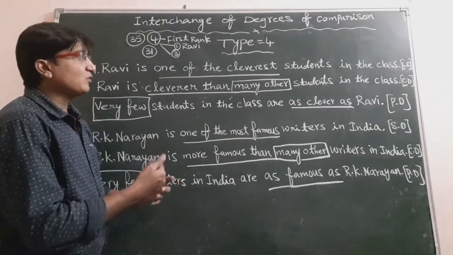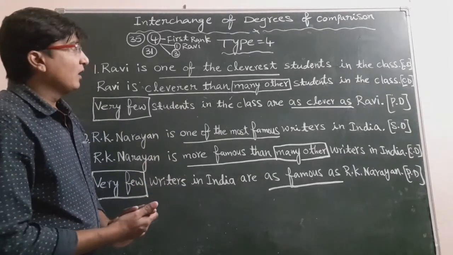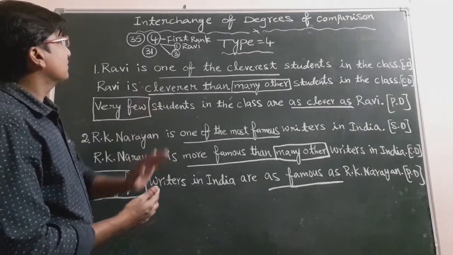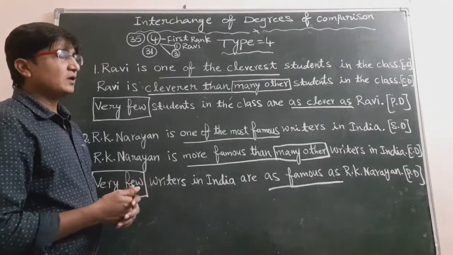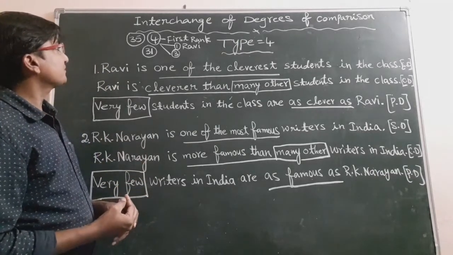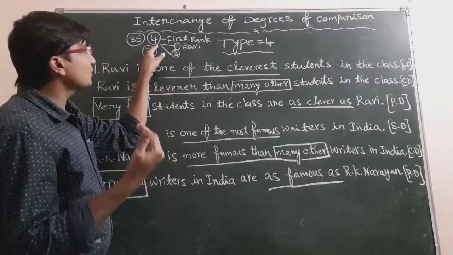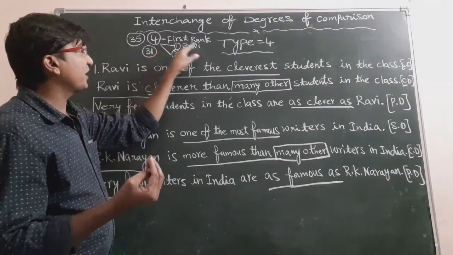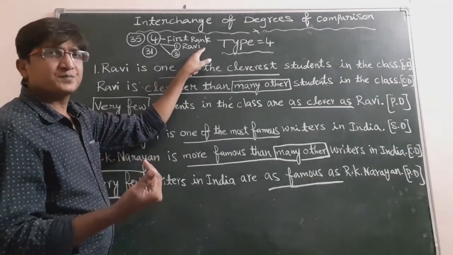Now let us try to understand the meaning of these three sentences. Okay, now here I have written something here. Try to understand. Suppose if we take a class in which we have 35 students, among these 35 students, there are 4 students who got first rank. These 4 students got same marks.